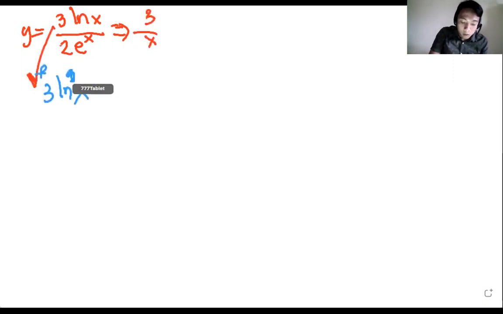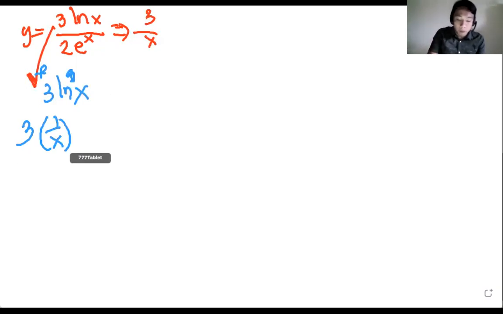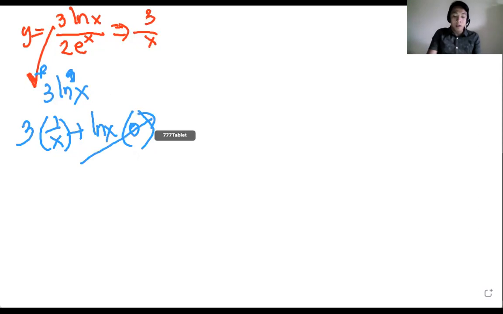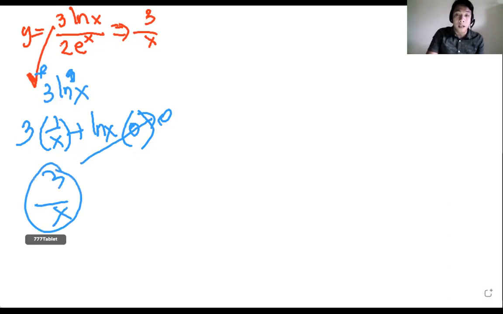Right? So I will copy f multiplied by the derivative of g, which is 1 over x, right? Plus ln x multiplied by the derivative of f, which is 0. So this one is 0. So we have the final answer, 3 over x. That's why I put 3 over x there.